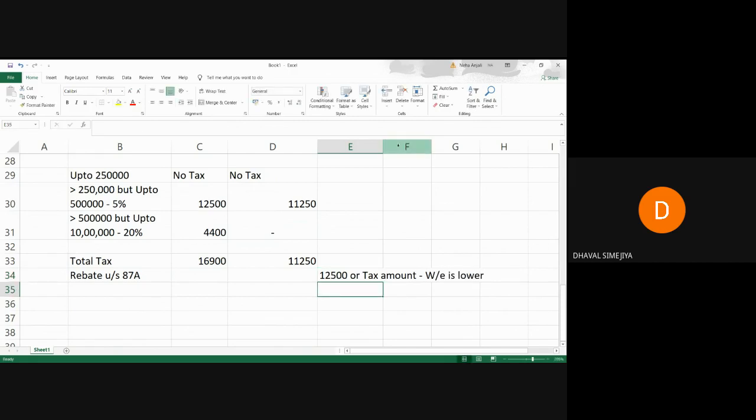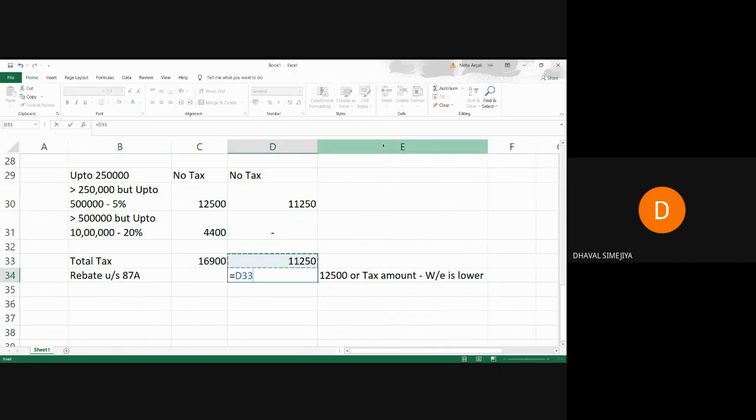So 12,500 or tax amount, whichever is lower. So total tax payable, now tax payable will be here 16,900 and here nil.